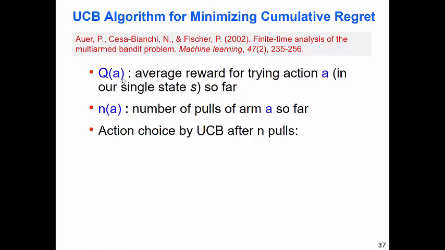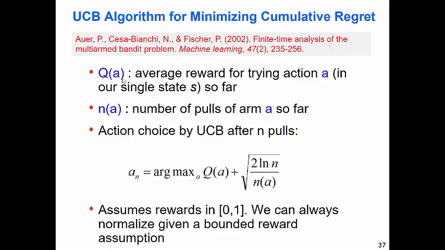Then at time step n, we're going to pull an arm that maximizes this expression. We'll talk about what this means in a minute. This all assumes that the rewards are bounded in [0, 1]. If your bound is R instead of 1, you're going to have an R squared in front, but we'll ignore that for the moment.